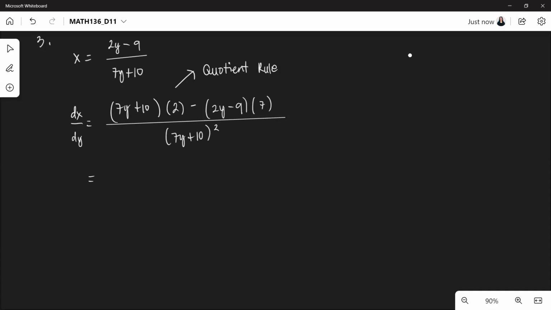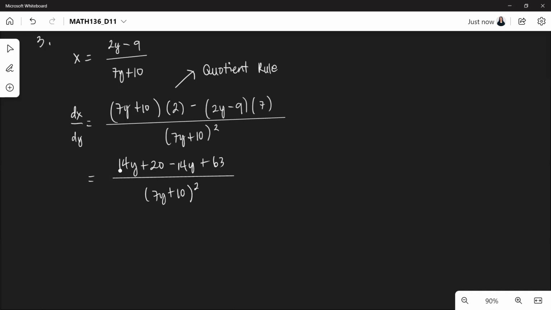So 7y times 2, that's 14y plus 20, now minus 14y, and that's plus 63. Then the square of 7y plus 10.